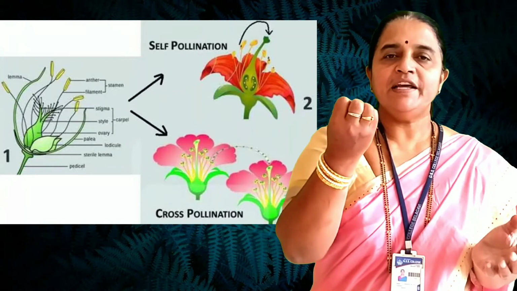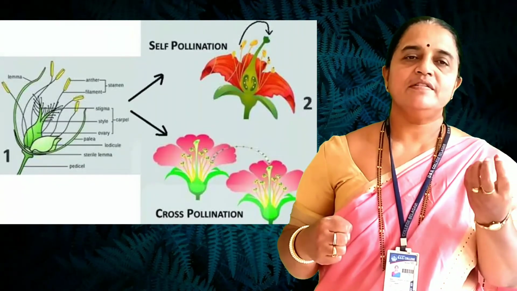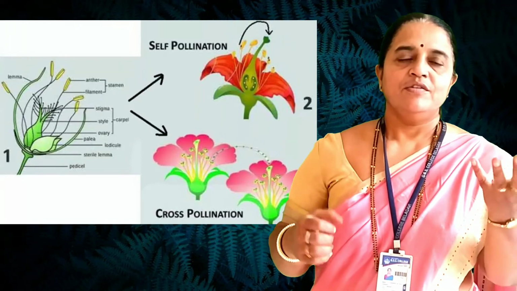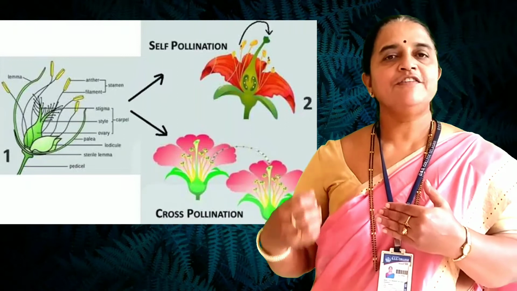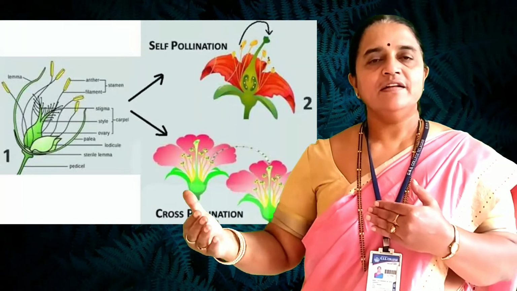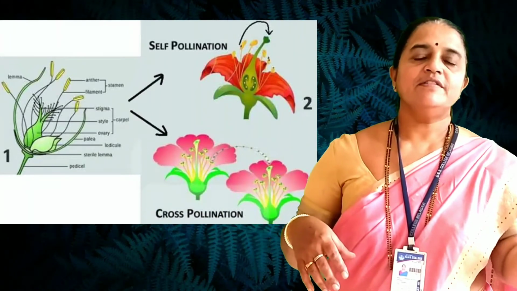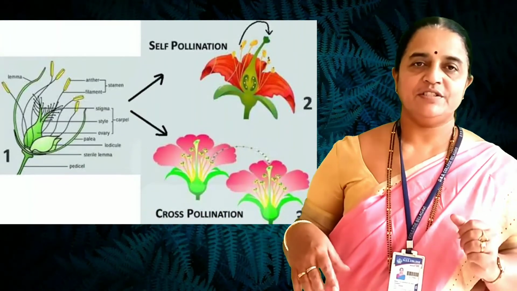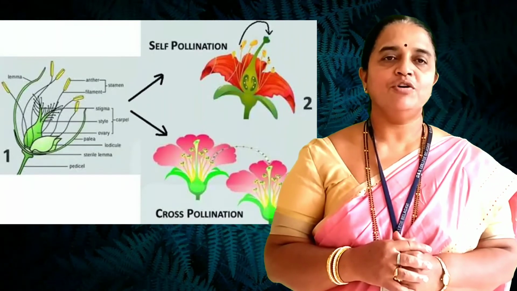They are completely in closed condition. While in chasmogamous flowers, the flower opens. So here in pansy or viola, the flowers which are clistogamous favor self-pollination. Chasmogamous flowers favor cross-pollination.